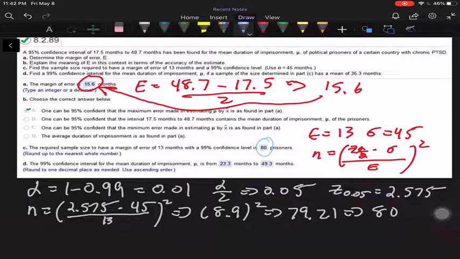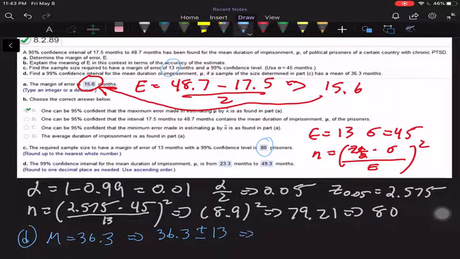Now, part D gives us a mean of 36.3, and to calculate the confidence interval, we already have our margin of error given here, which is 13. So all we need to do is add and subtract 13 from 36.3.